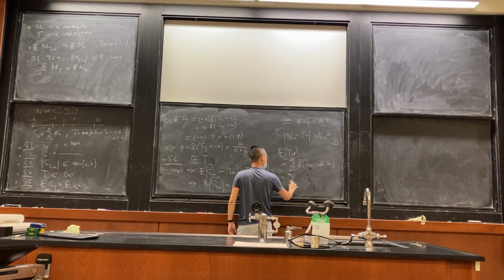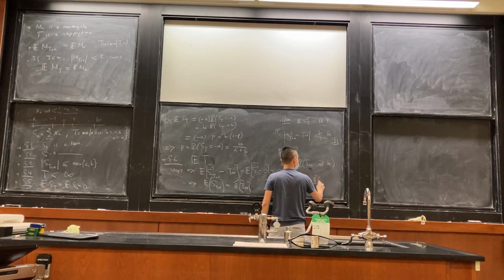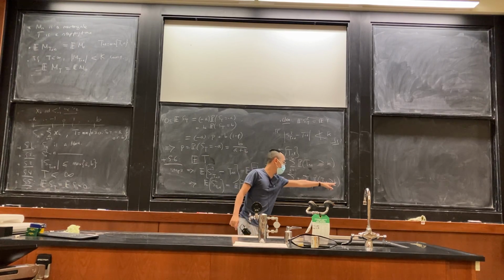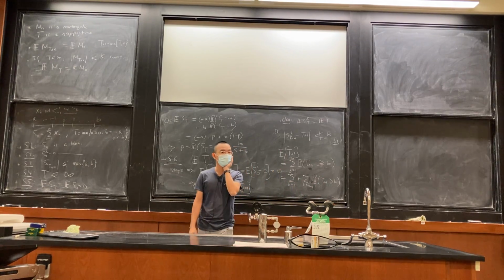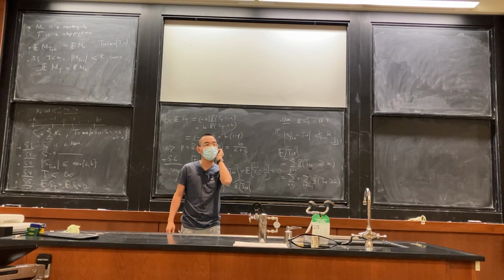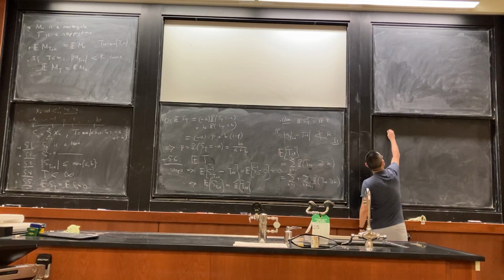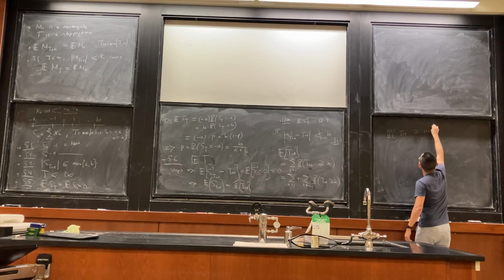See this? The summation for k from n plus 1: if the index k is greater than or equal to n plus 1, what is this probability? It will be 0, because think about it: the probability that T mean N is greater than n plus 1, is it possible?